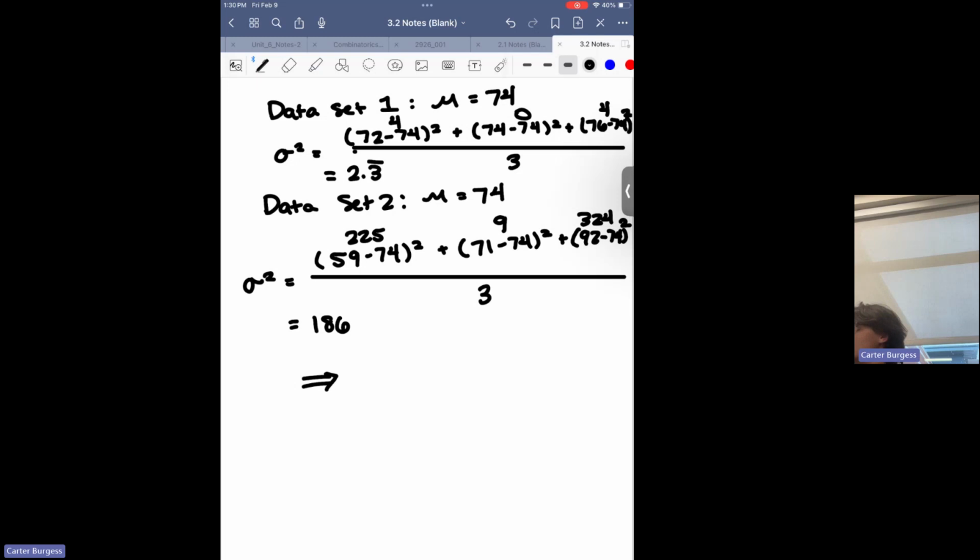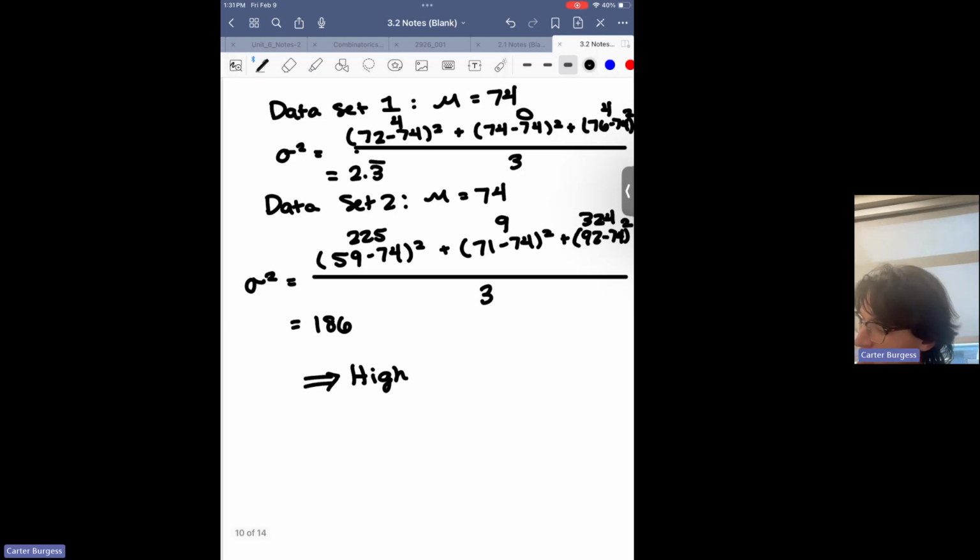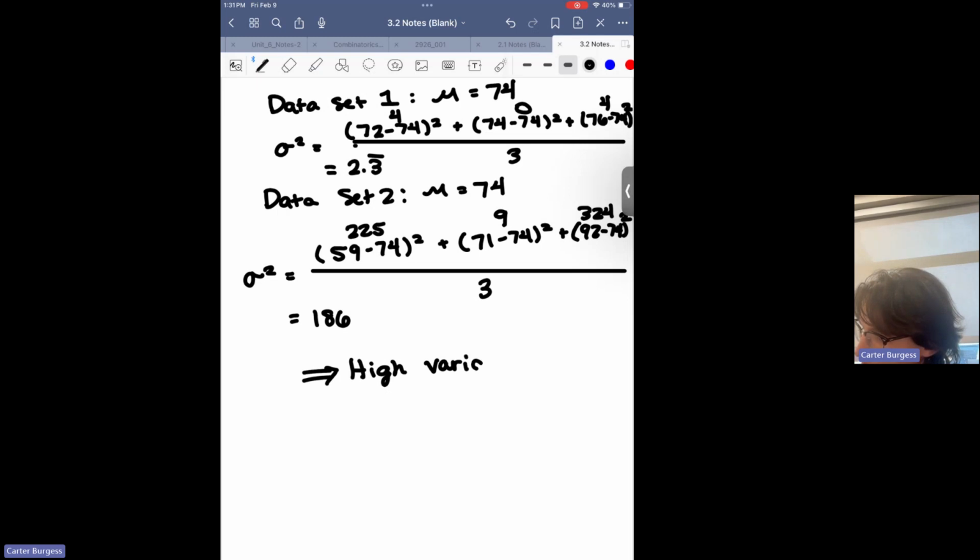So does higher variance mean more clustered, or is higher variance going to mean more spread apart? More spread apart. So high variance, high distance or difference between my point in the middle. So high variance is the same as large or wide spread.